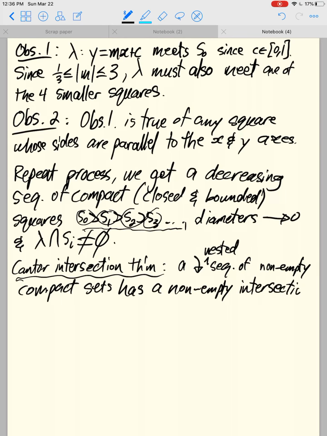We know that each of these squares is non-empty and compact. And I think we've seen something similar in one dimension, but this confirms it for this 2-dimensional case.